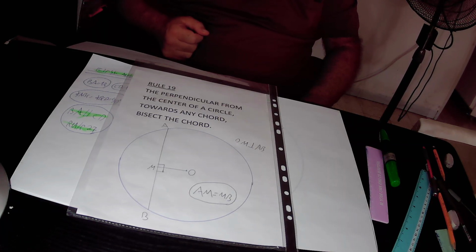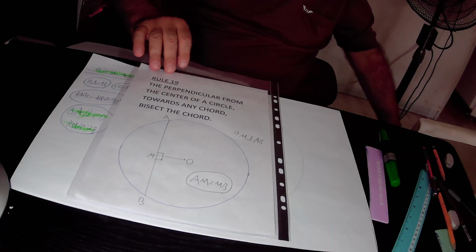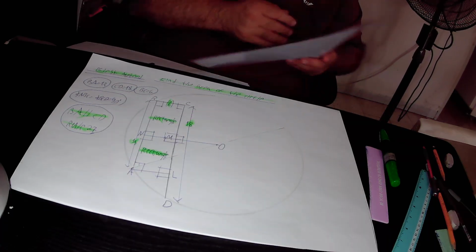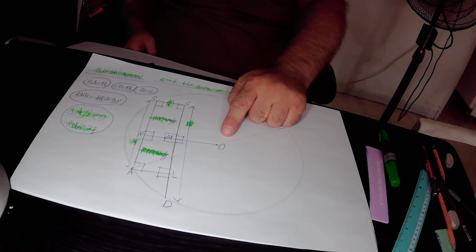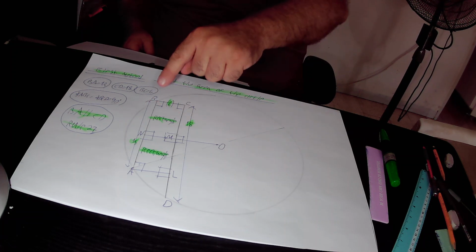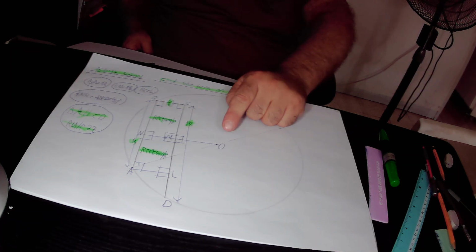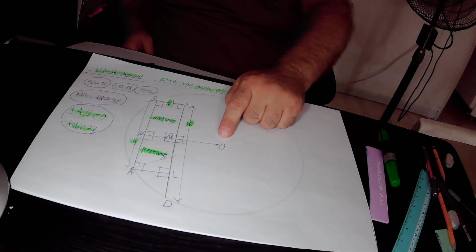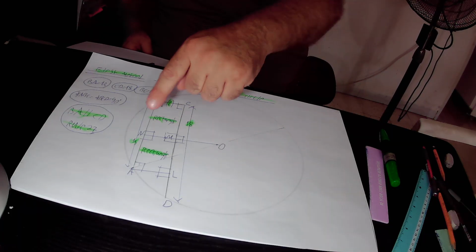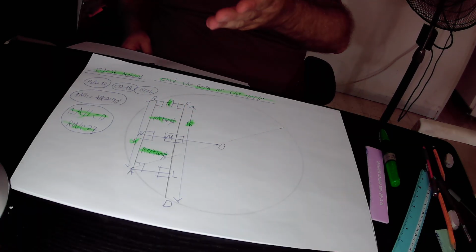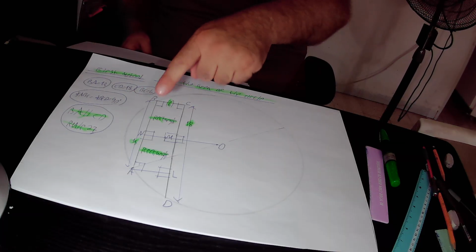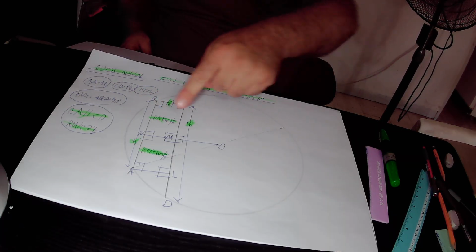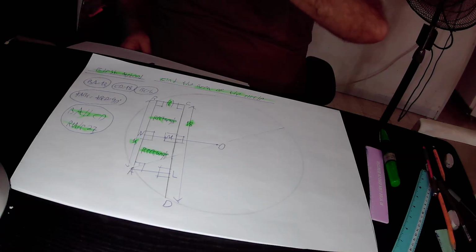We can implement rule 19 in our drawing. Why? Because in our drawing, from the center of the circle, that is to say from point O, we have perpendicular ON on chord BA. And according to rule 19, perpendicular ON bisects chord BA.